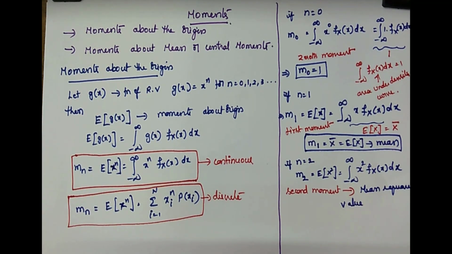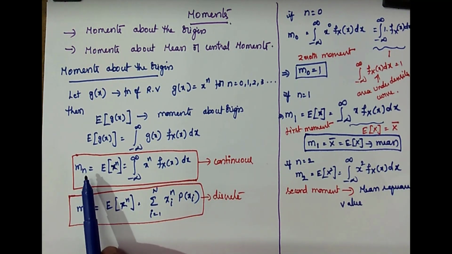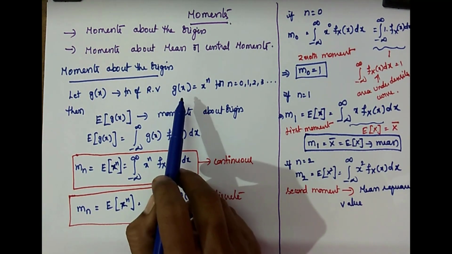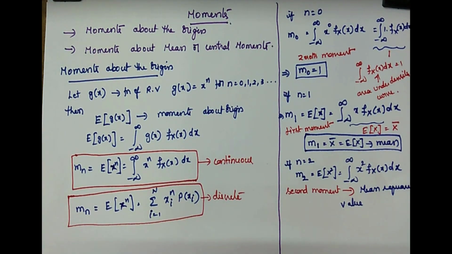So this is about moments about origin. Here you have seen the general expression for moments: m_n equals the integral from minus infinity to infinity of x power n fX of x dx. It's nothing but the expectation of the function of the random variable g of x, where g of x is defined as x power n.